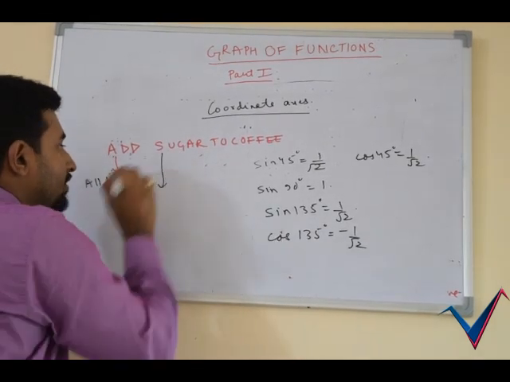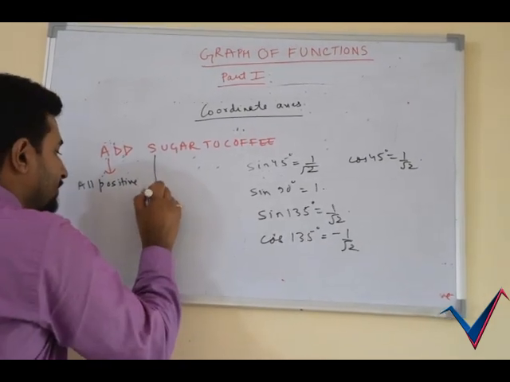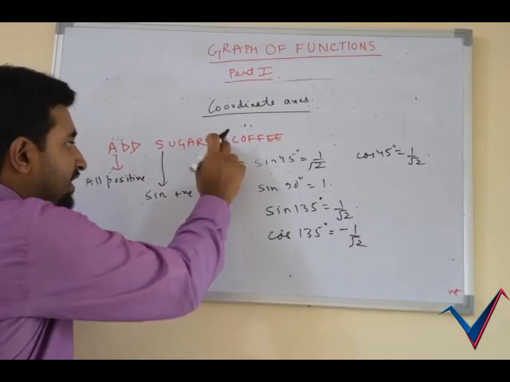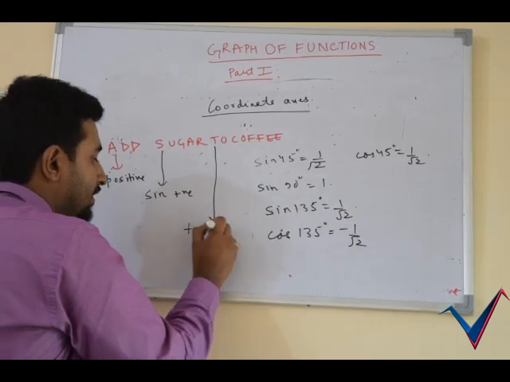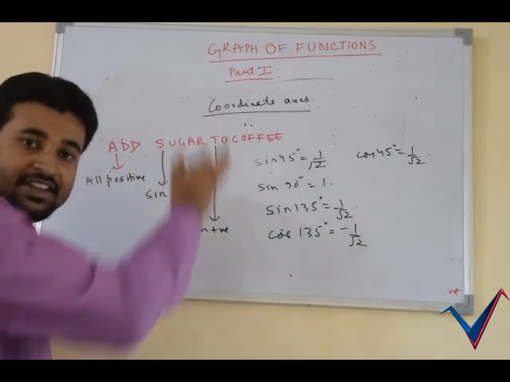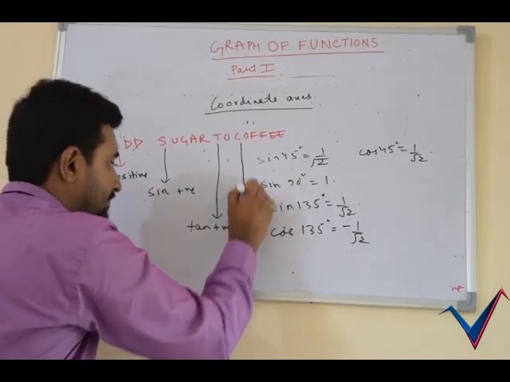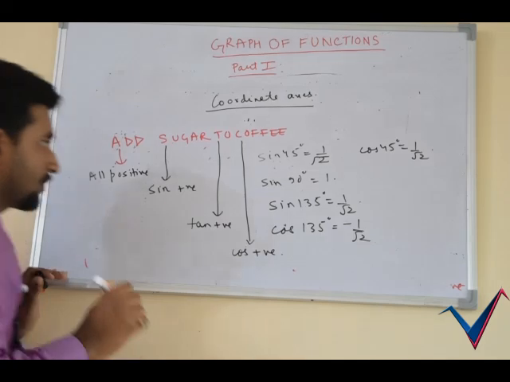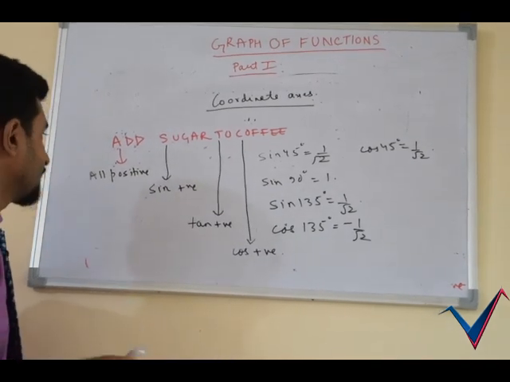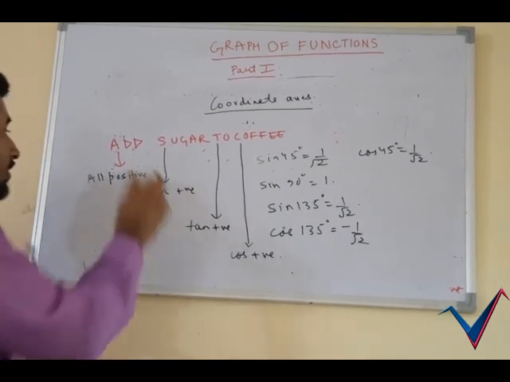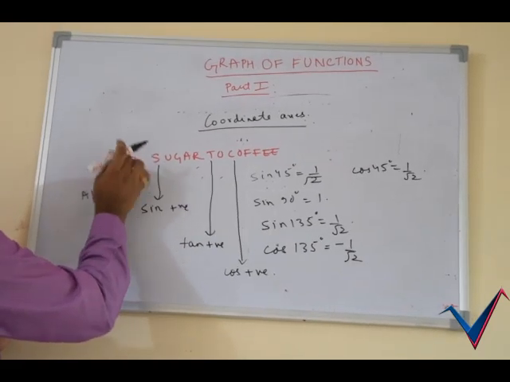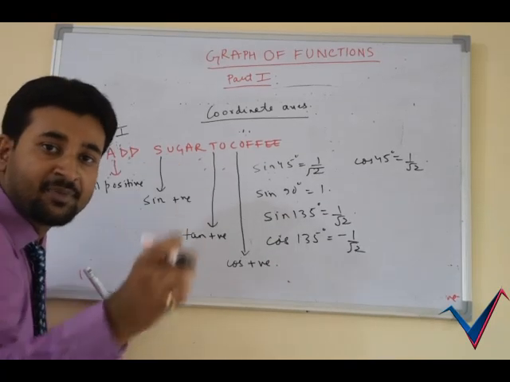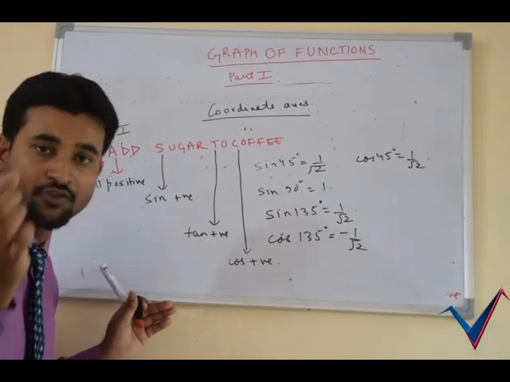Here S stands for sine positive. Here T stands for tan positive. And C stands for cos positive. So basically the word 'add' represents the first quadrant, 'sugar' represents the second, 'to' represents the third quadrant, and 'coffee' represents the fourth quadrant.